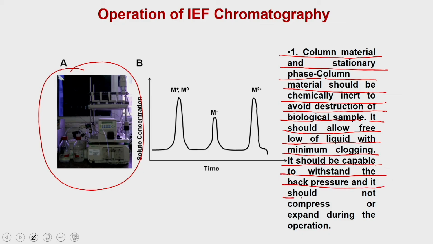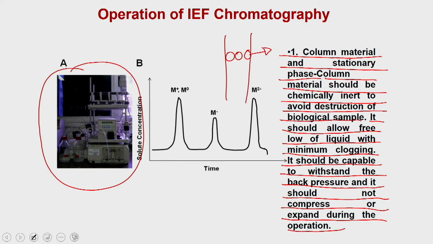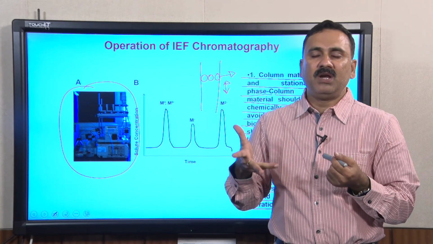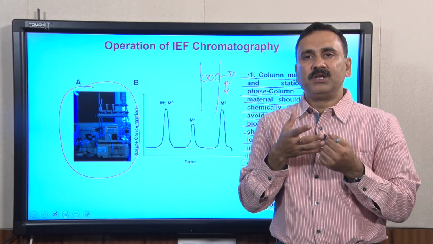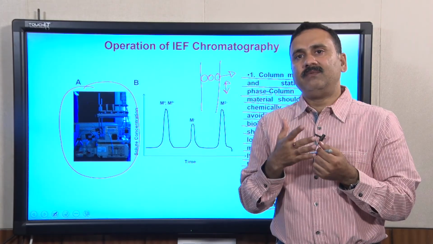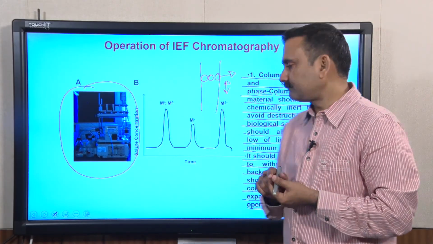It should not compress or expand during the operation, which means if you are putting beads in a column, these beads should withstand some pressure so that they do not shrink or expand, because if they do, they change the overall arrangement of the beads within the column, and that is going to destroy the packing and may eventually affect the purification.